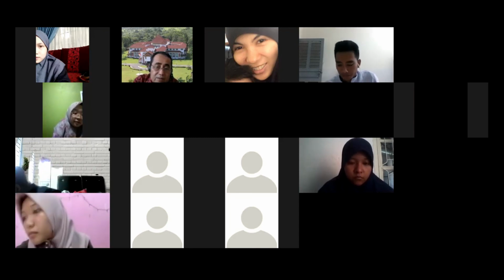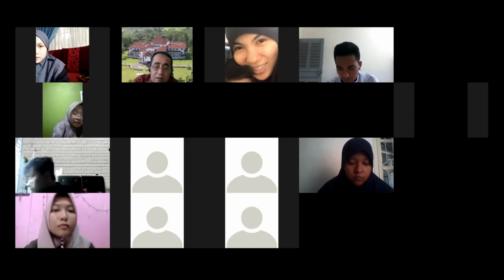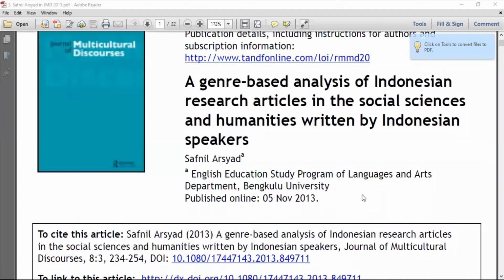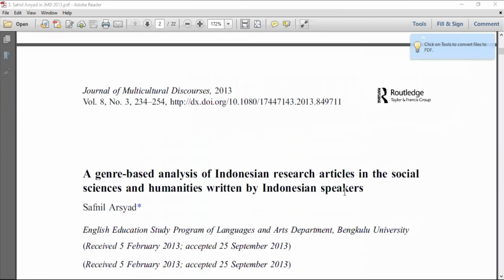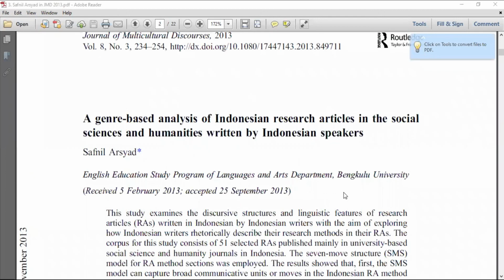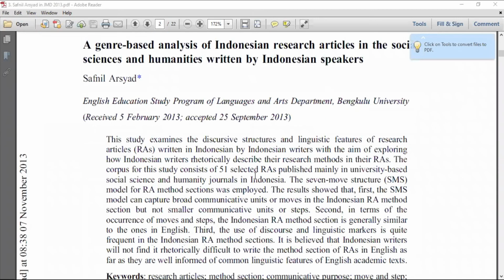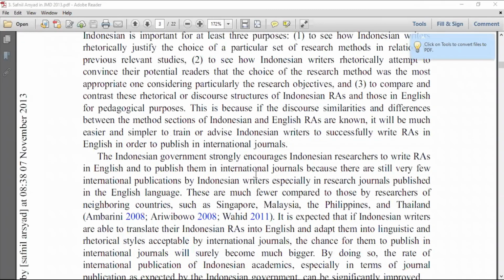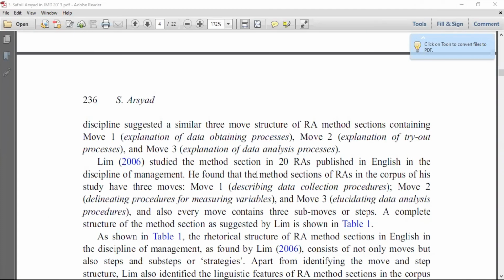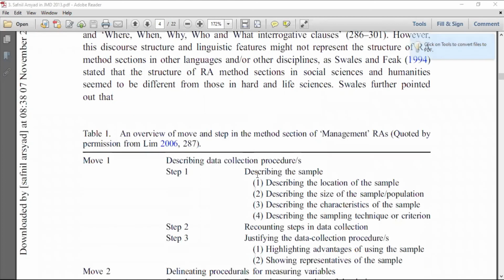Okay, just look at this example. I think this is the method section, the method section of research articles in social sciences.